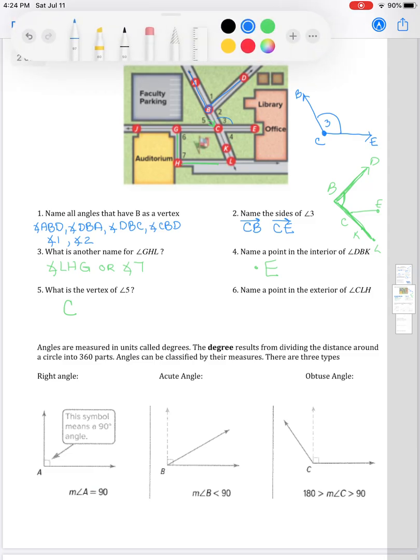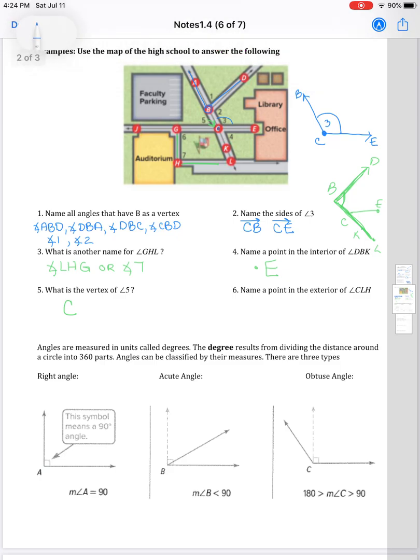And for number 6, name a point in the exterior of CLH. So if I were to, say, trace that a little bit darker, here's C to L to H. So interior is if we were to close that mouth. Exterior is if it would fall outside or behind that particular angle. And again, those lines have to be extended forever.